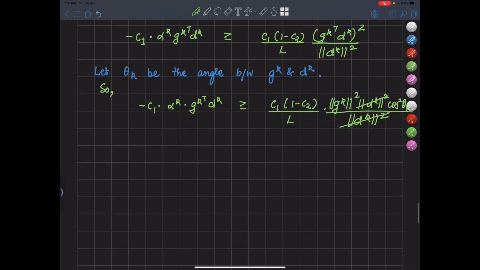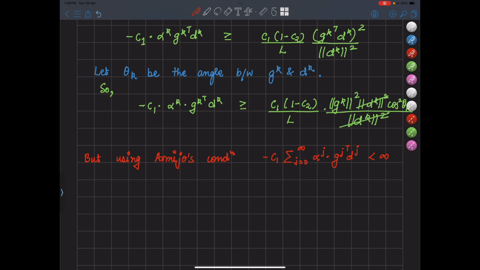But by 1, remember, using the Armijo condition we had already proved that minus C1 sigma j from 0 to infinity alpha_j g_j transpose d_j is less than infinity always.